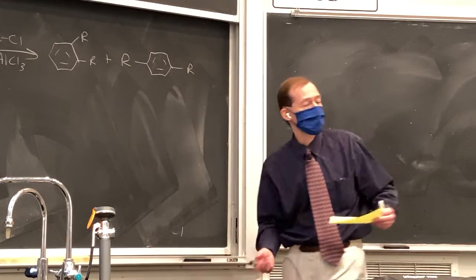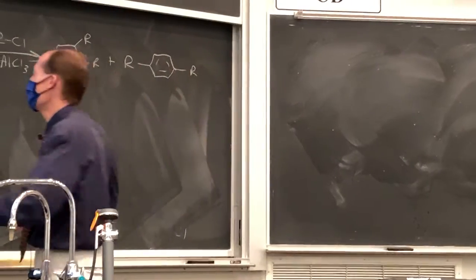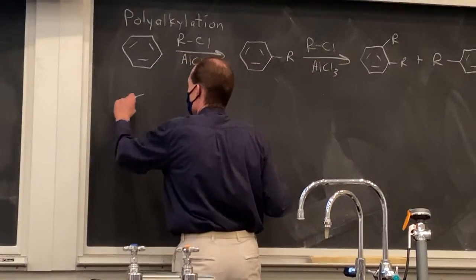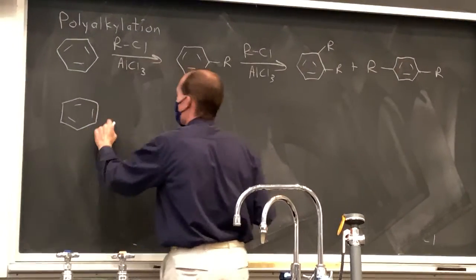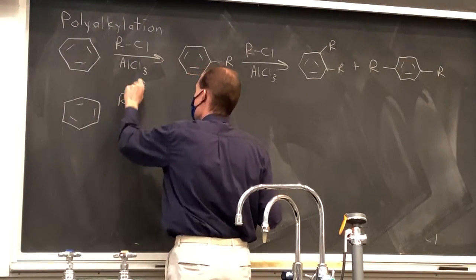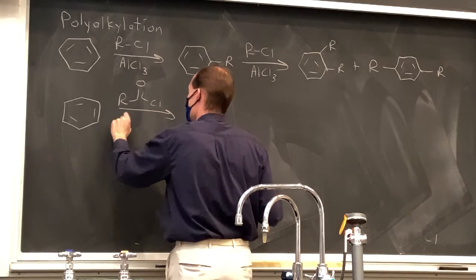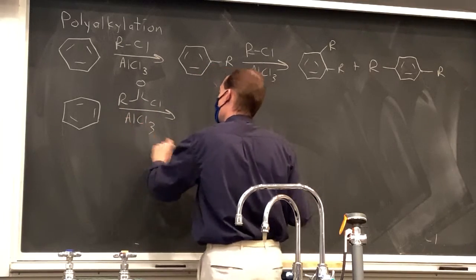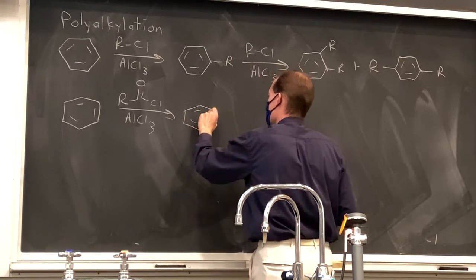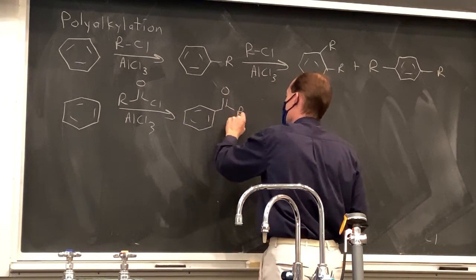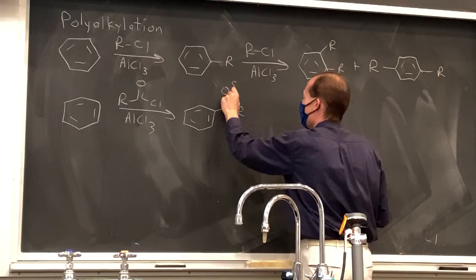Okay. In contrast, we don't have polyalkylation, or polyacylation, I should say, if we're performing a Friedel-Crafts acylation. We end up making a ketone. We know that that ketone is polarized.